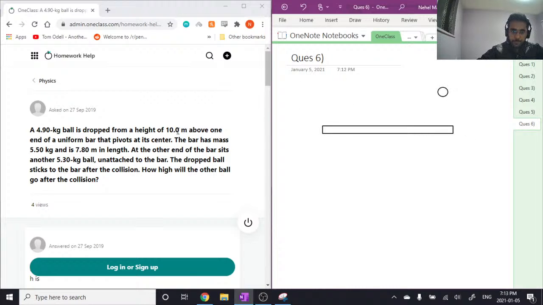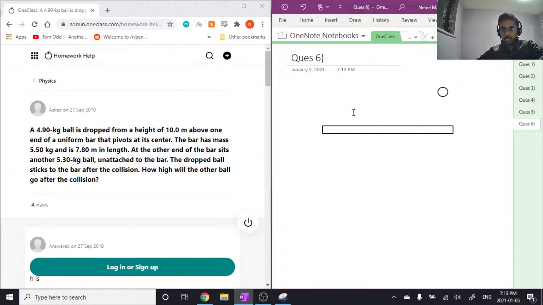The bar has a mass of 5.5 kgs and is 7.8 meters in length. If the other end of the bar sits another 5.3 kg ball unattached to the bar, and the dropped ball sticks to the bar after collision, how high will the other ball go after the collision?